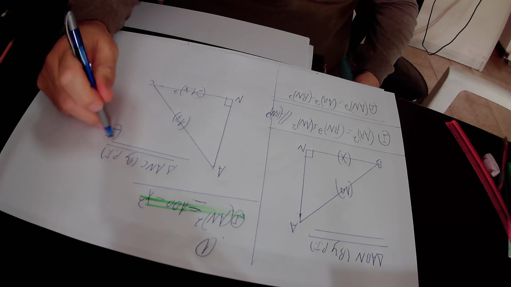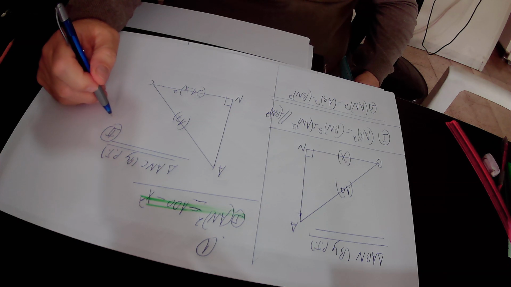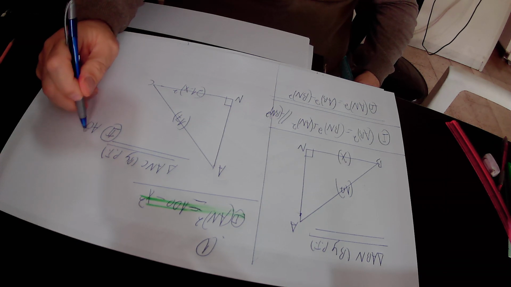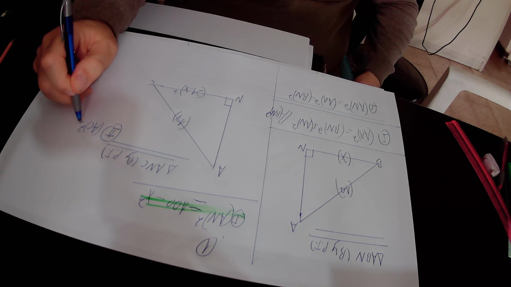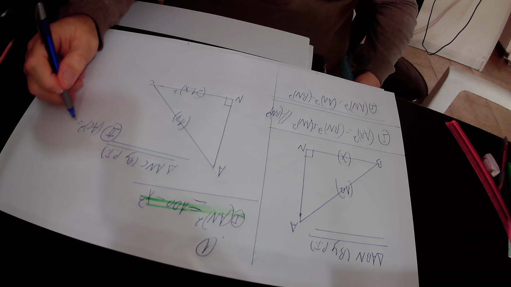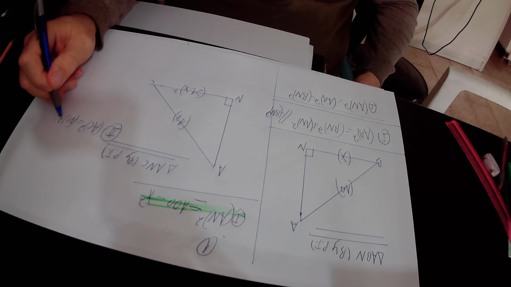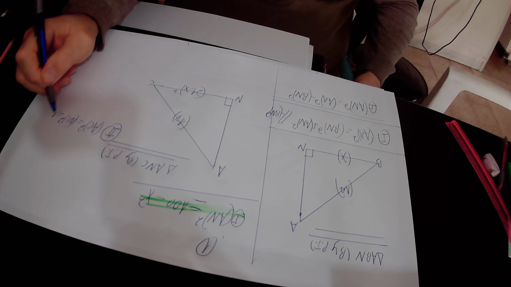According to the Pythagoras theorem, in this right triangle ANC, AC squared equals NC squared plus AN squared.